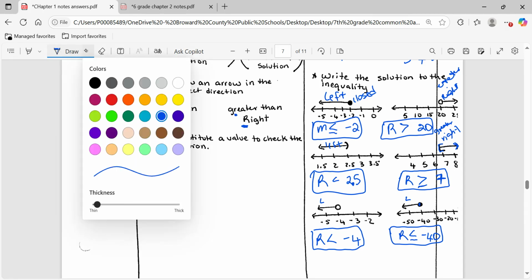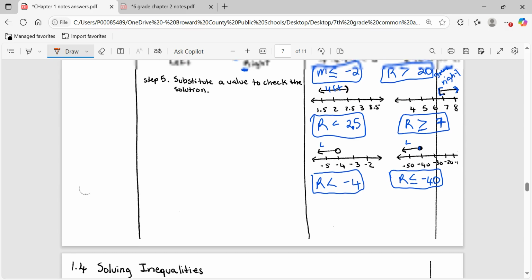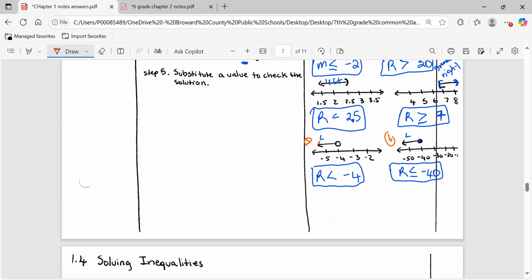So now that we have gotten that portion down, I want us to talk about how we would write this in a notation, right? So when I look here at number 5, let's call this number 5, number 6. I look here at number 5. I can see that my arrow is going to the left. That's really going all the way to infinity in the negative realm, right? So negative a billion, negative a trillion, every single number lower than -4. So it's coming in from the left.